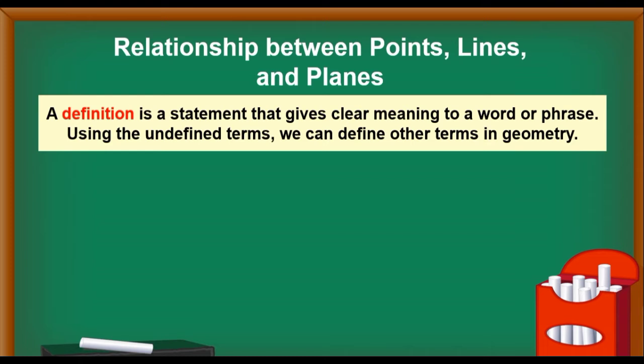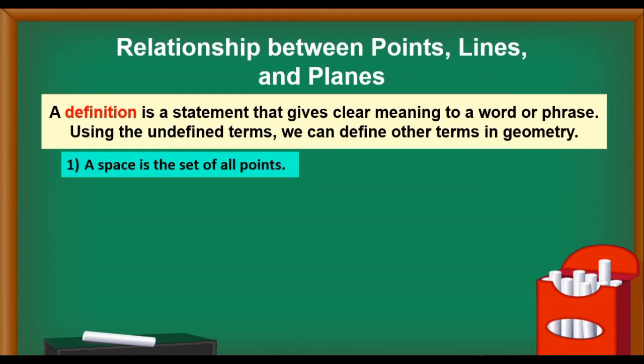Kasi once na nag-combine ang ating points, ang ating lines, at ang ating planes, ay nabubuo po yung ating mga figure. Okay? So, yun ang alamin natin. So, remember that the relationship between points, lines, and planes, a space is the set of all points.